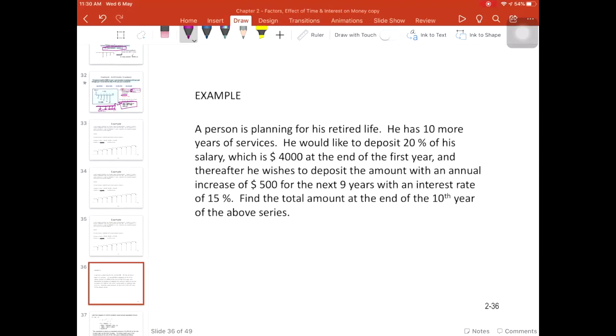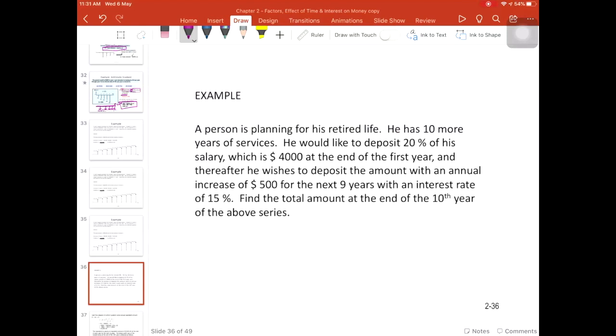Okay, example. A person is planning for his retired life. He has 10 more years of service. He would like to deposit 20% of his salary, which is 4,000 ringgit, at the end of the first year.